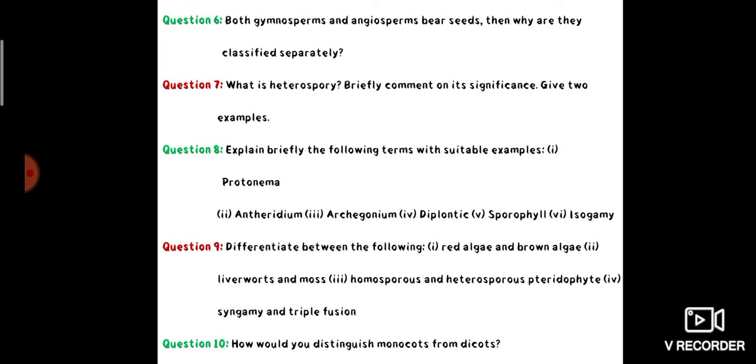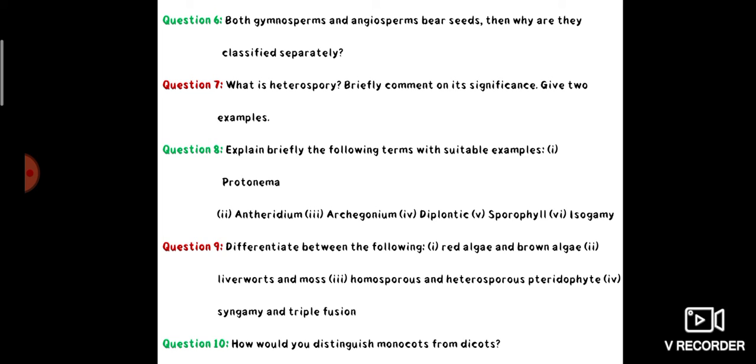Then, what is heterospory? Briefly comment on its significance and give two examples. We already discussed it in pteridophytes, that is Selaginella and Salvinia, and also in gymnosperms. Heterospory is the phenomenon in which two kinds of spores of different sizes are borne by the same plant. The smaller one is called the microspore and the bigger one is called the megaspore. Microspores produce the male gametophyte, and megaspores produce the female gametophyte.